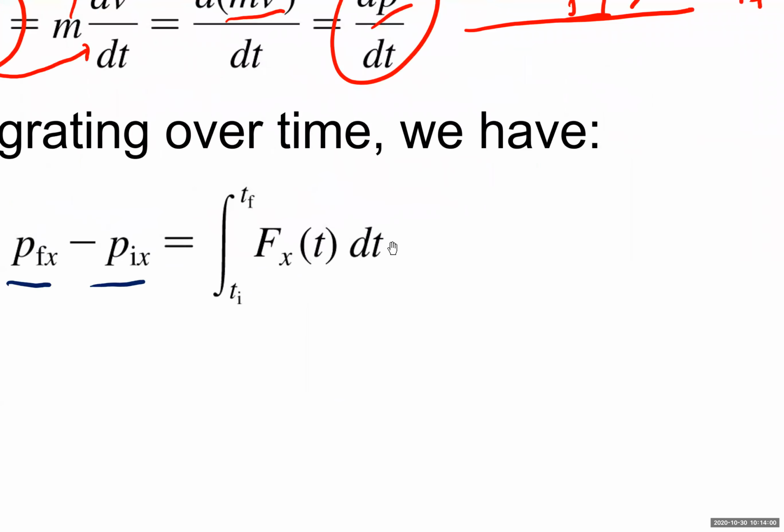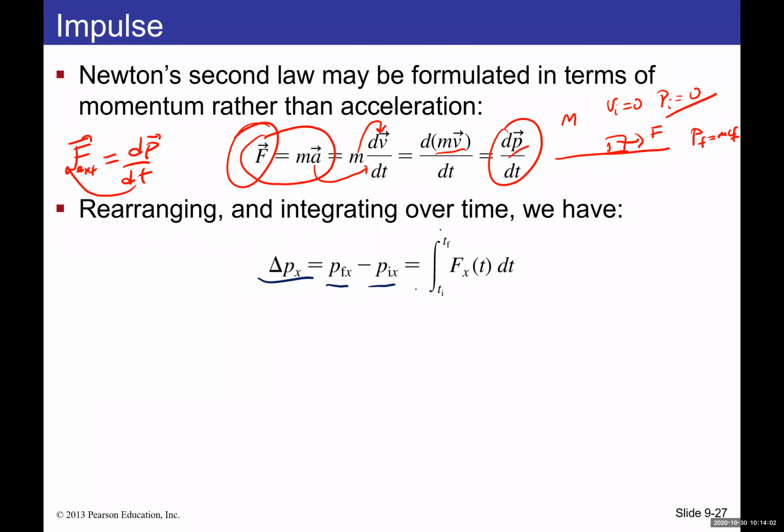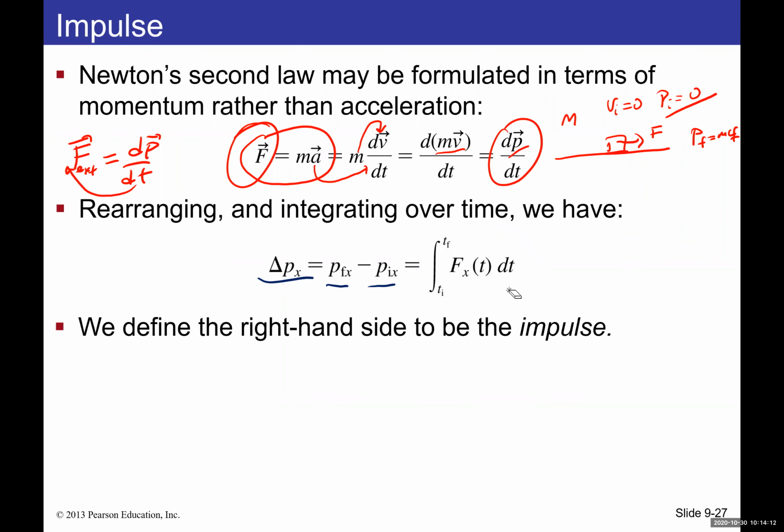So this is what we have for the impulsive force acting on the object to change its momentum during this dt time interval. What we do here is take the right side of the equation, this integral, and we call this impulse.